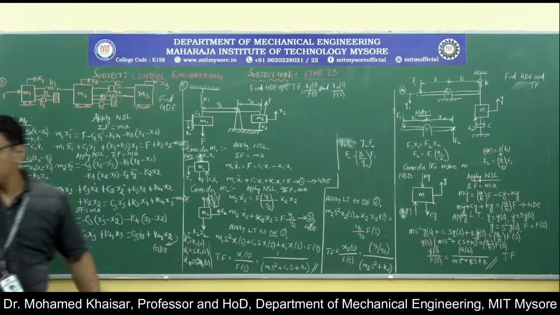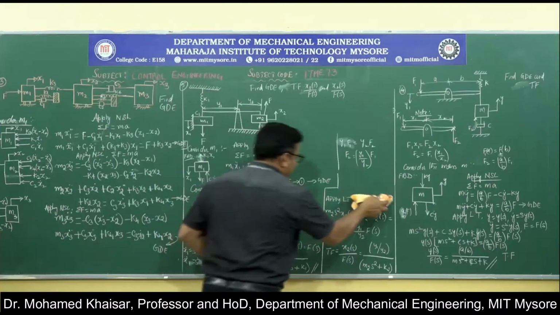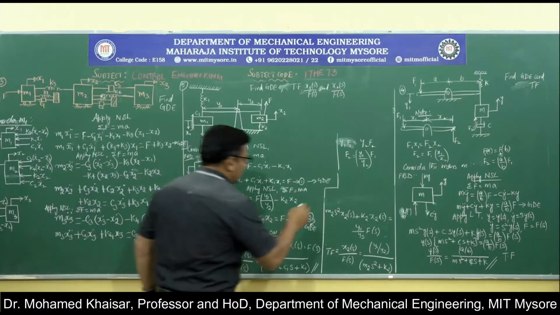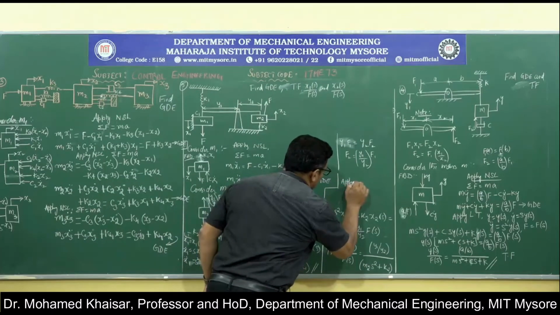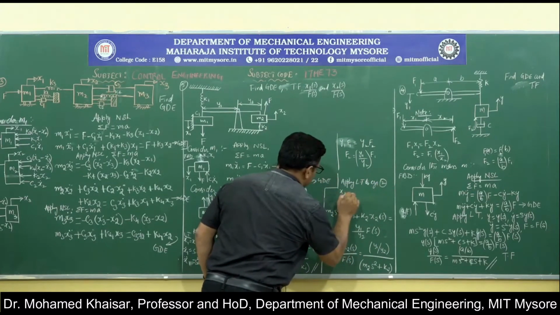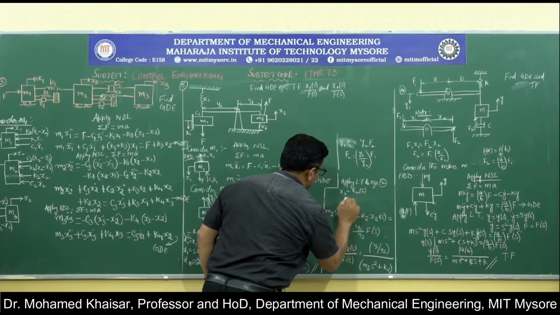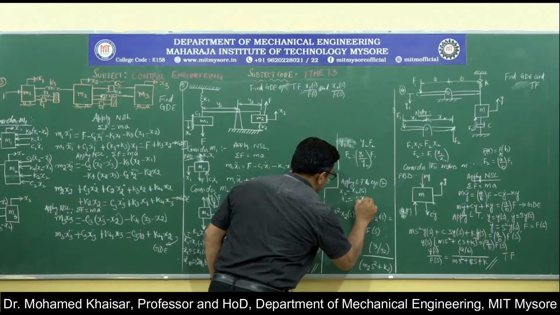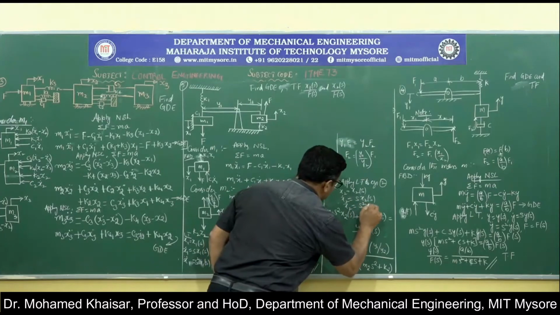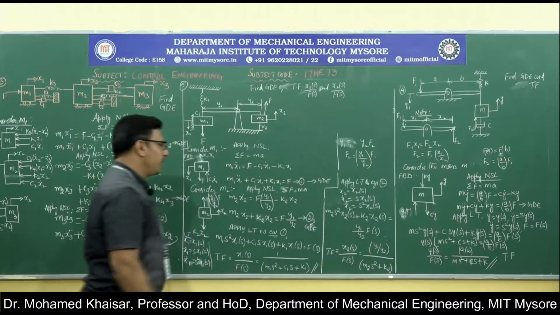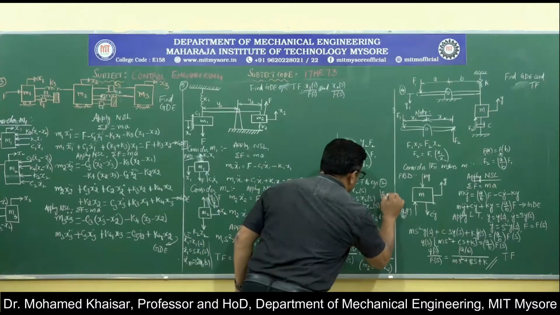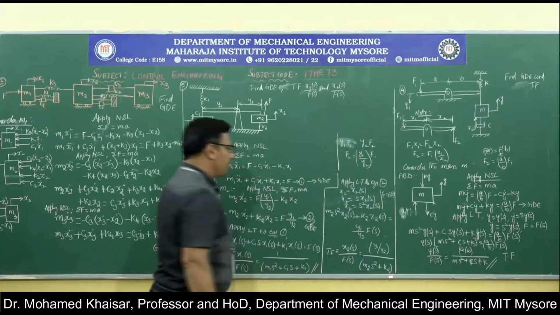Let me make it more informative. x2 will be equal to x2 of s, x2 dot will be equal to s into x2 of s, x2 double dot will be equal to s square into x2 of s, and f is equal to f of s.